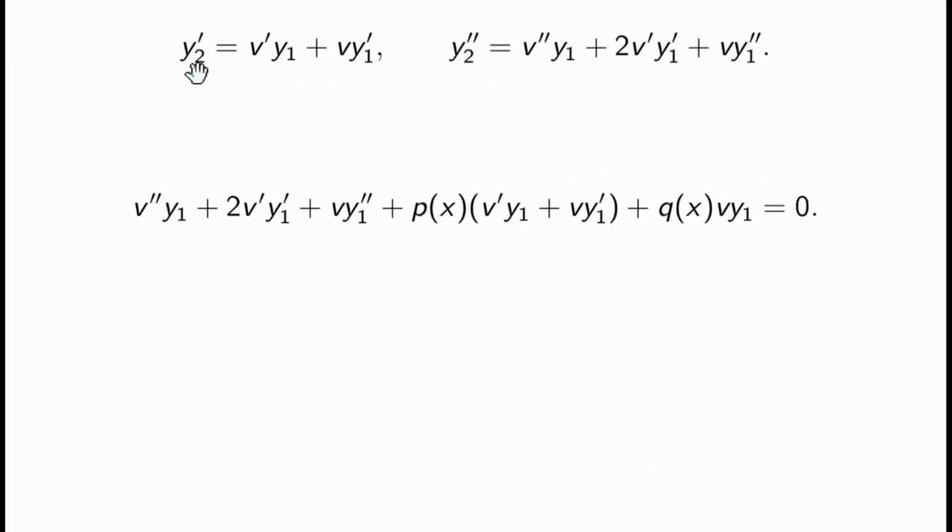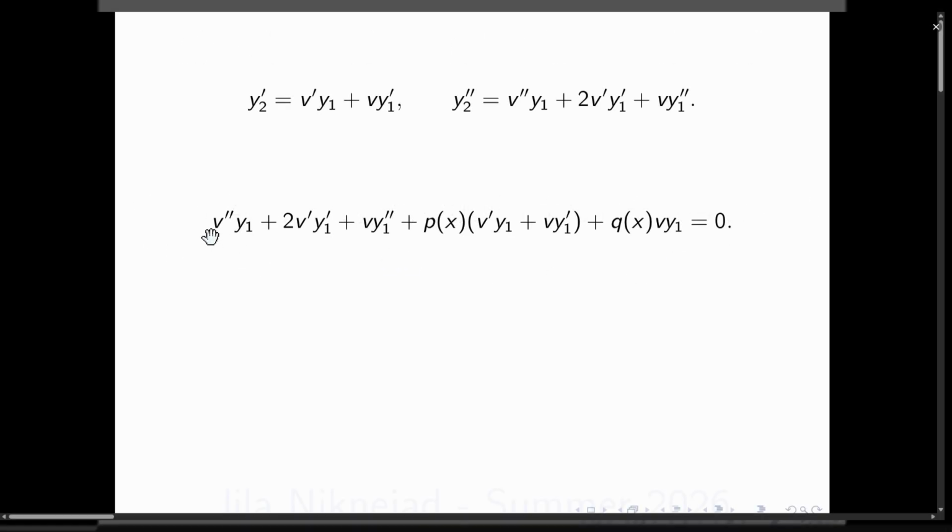Now plugging y2' and y2'' into the original equation gives us this formula: v''y1 + 2v'y1' + v y1'' + p(x)(v'y1 + v y1') + q(x) v y1, which is the original y2.